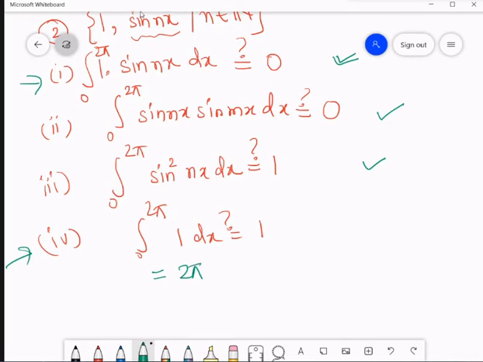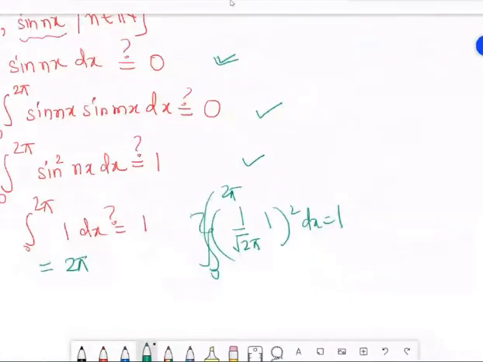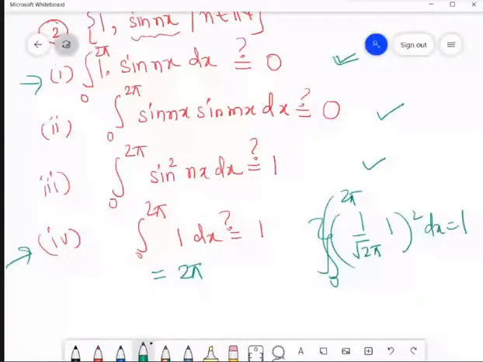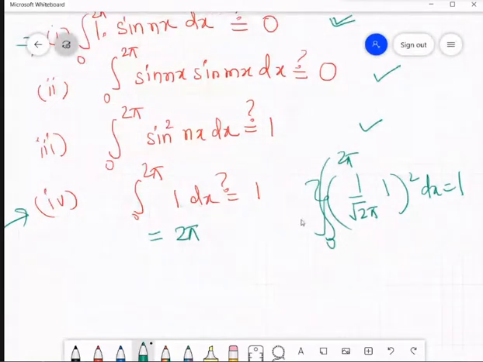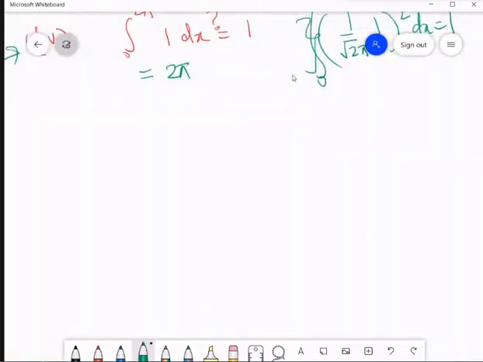So if I want to convert this to an orthonormal set, I want a 1 here. So I'll divide by 2 pi this side, 1 by root 2 pi squared, and now I'll integrate it to get a 1 from 0 to 2 pi. So what is the corresponding orthonormal set?